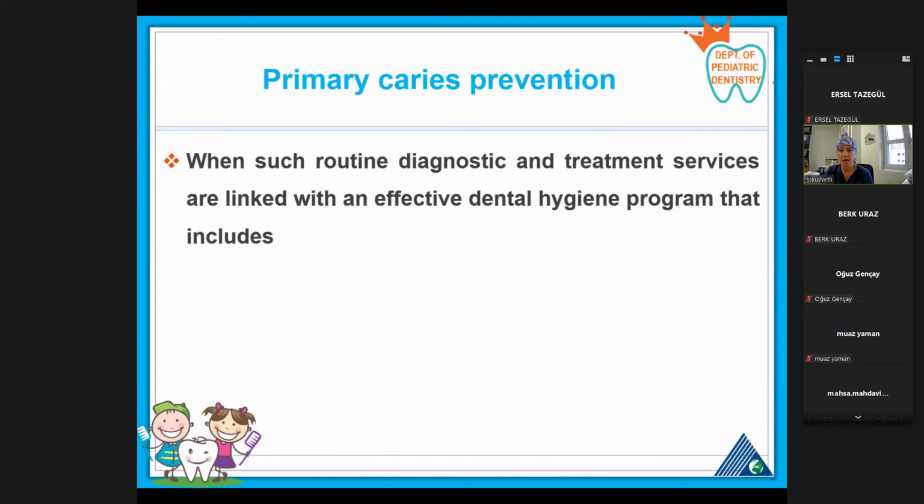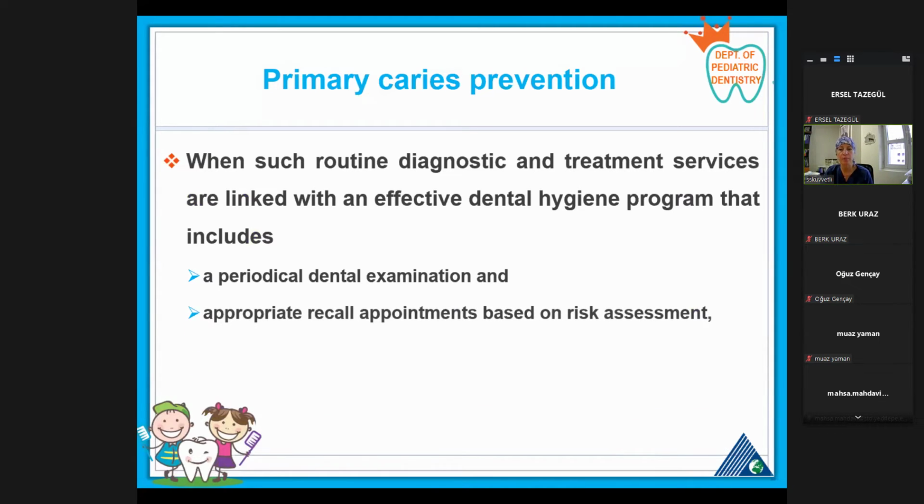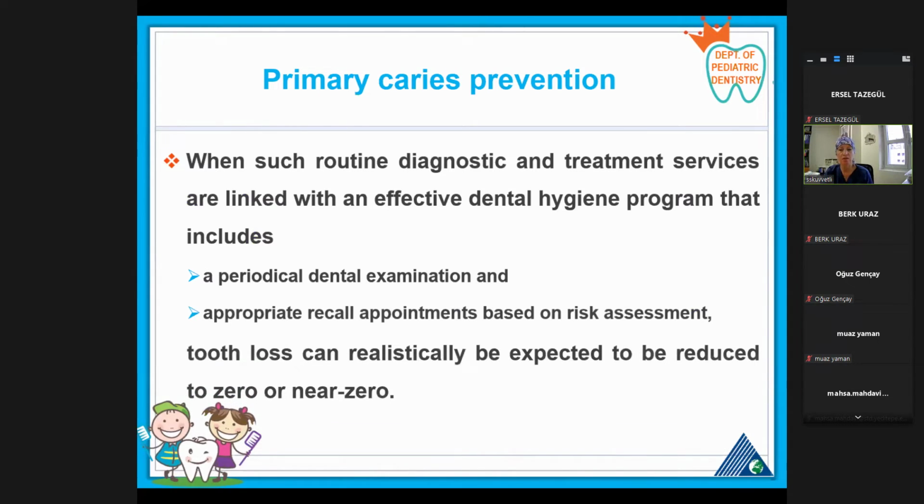When such routine diagnostic and treatment services are linked with an effective dental hygiene program that includes a periodical dental examination and appropriate recall appointments based on risk assessment, tooth loss can realistically be expected to be reduced to zero or near zero.